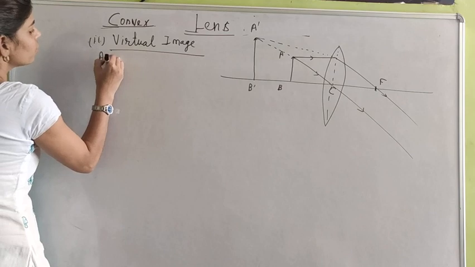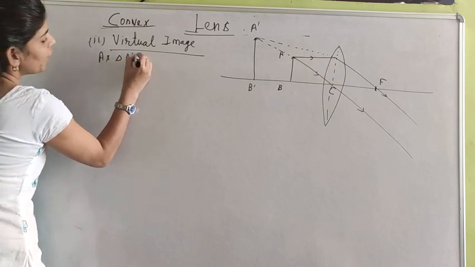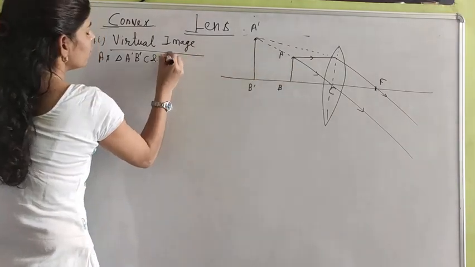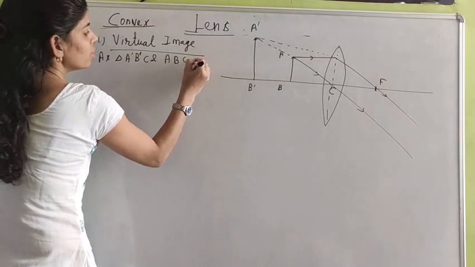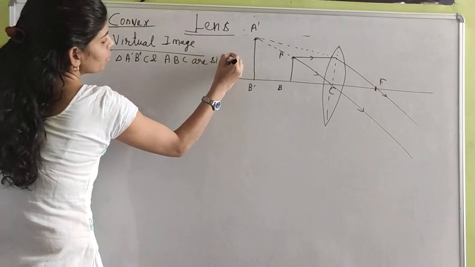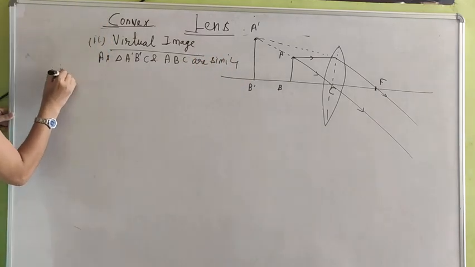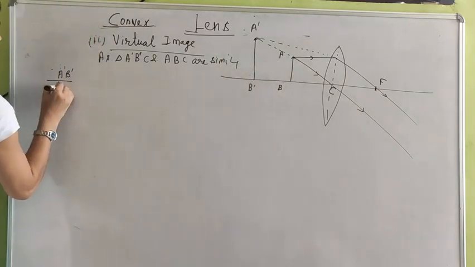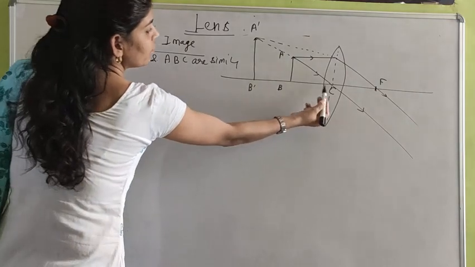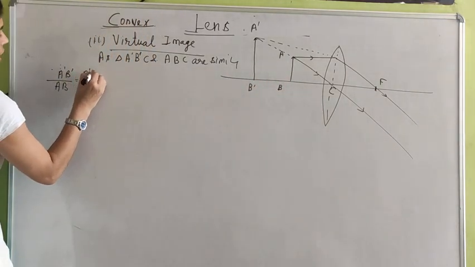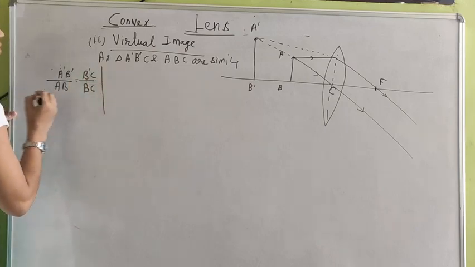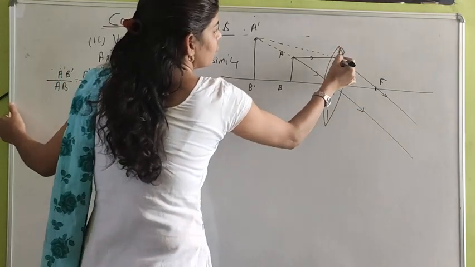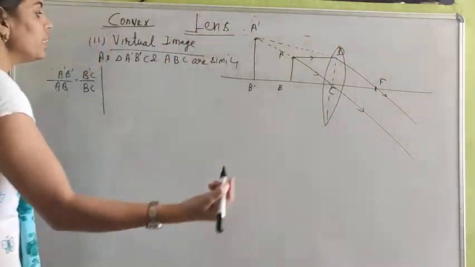So as triangles A dash B dash C and ABC are similar, therefore A dash B dash over AB is equal to B dash C over BC. This is the first equation. Now the triangles A dash B dash F and C D F are also similar triangles.